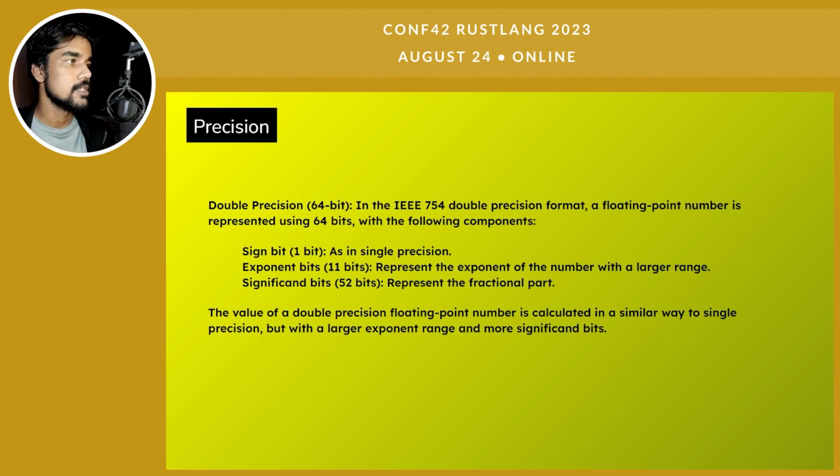Of course, in any floating point number, the first bit will always be reserved for representing the signed or unsigned status of the number. The exponent bits represent the exponent part of the floating point number, and the significant bits represent the significant part, or the mantissa, as we better know it. So here you get more range and precision.